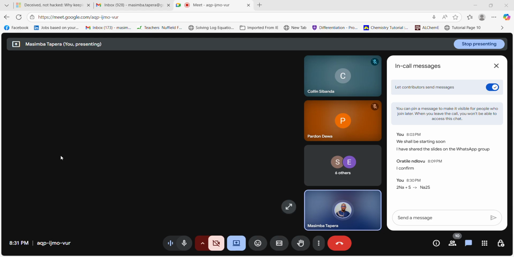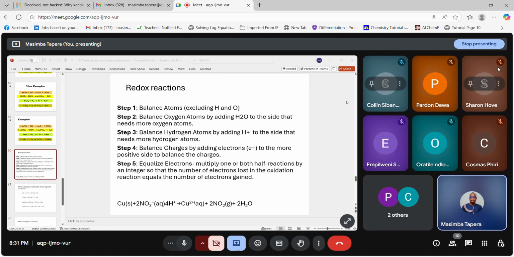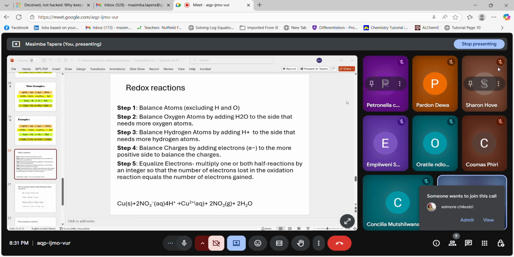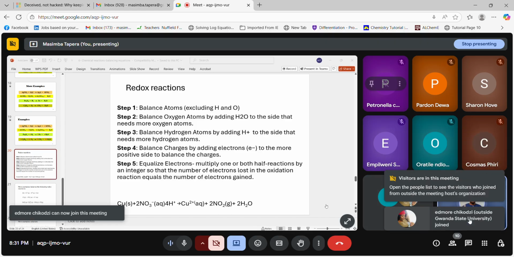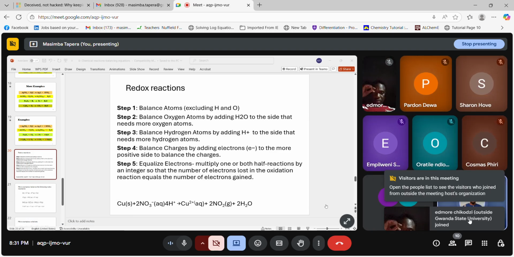Allow me to move on to another type of reaction which we need to understand how to balance, and this type of reaction is called a redox reaction, reduction and oxidation reactions. Usually for reduction and oxidation reactions, or the types of reactions that we call redox reactions, there are some steps that we should follow when we try to balance them.